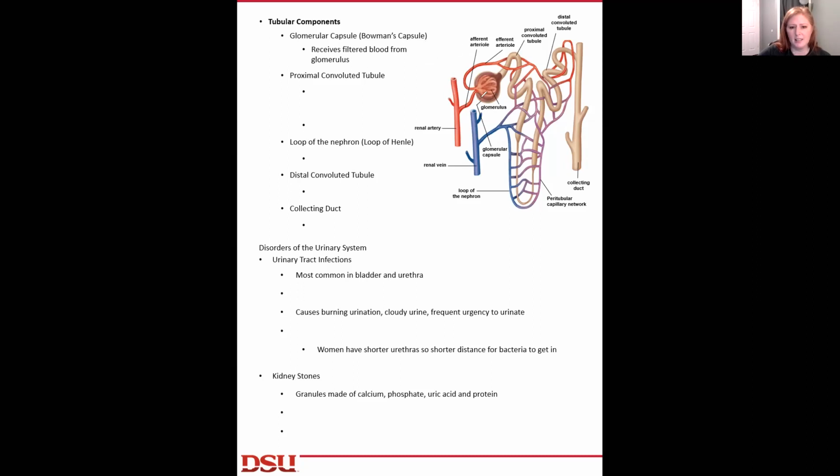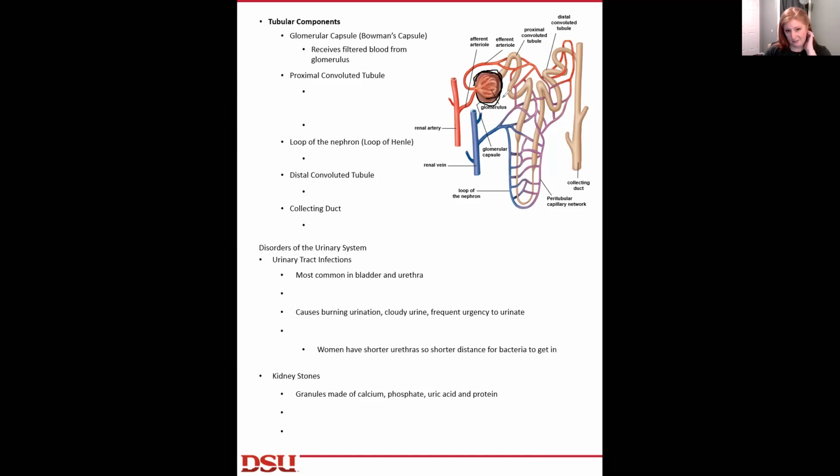It is this bag-like thing that is around the glomerulus, okay? So the glomerulus is that knot of capillaries, and then we have this capsule around it called the Bowman's capsule. And this is where the filtered blood is going to pass, okay?